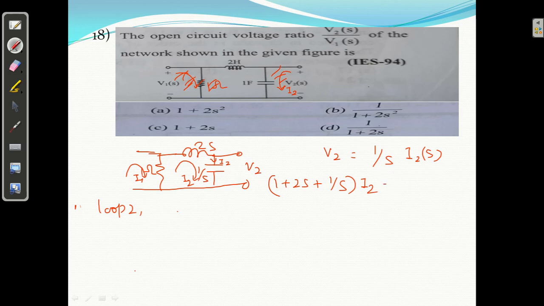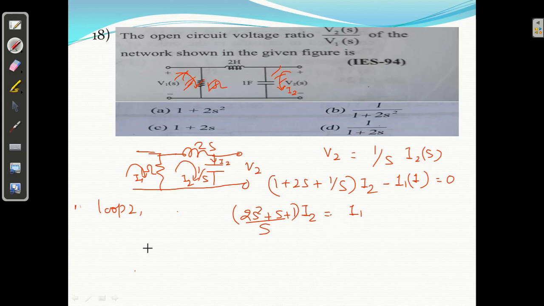So minus I1 into 1 equal to 0. So you will get I2 into (2s square plus s plus 1 upon s) equal to I1.